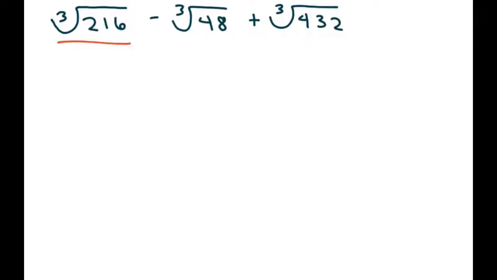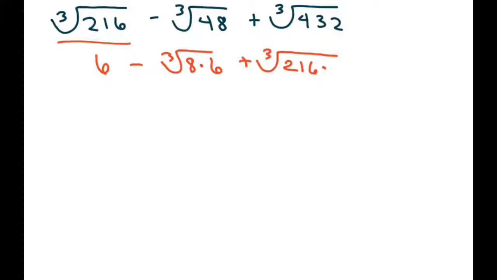The cube root of 216 is just 6. And then for the 48, we need a cube root with 48 in it. And that's going to be 4. I'm going to take that as 8 times 6. And for this one, I'm going to use 216 times 2.